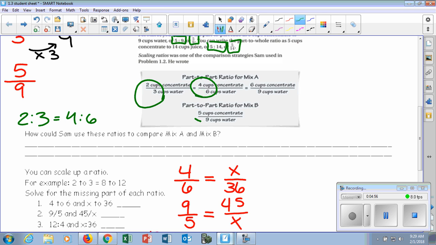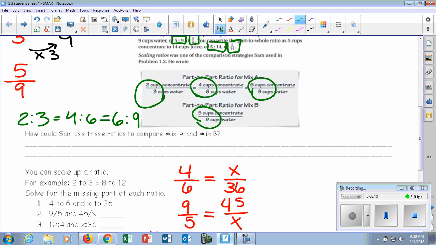Well, we're comparing it to our 5/9. Why don't we scale it up again so that our denominators are the same as 9. So this would be 6 colon 9, right? Well, now we compare 6/9 and 5/9s. Can't we? Yeah.